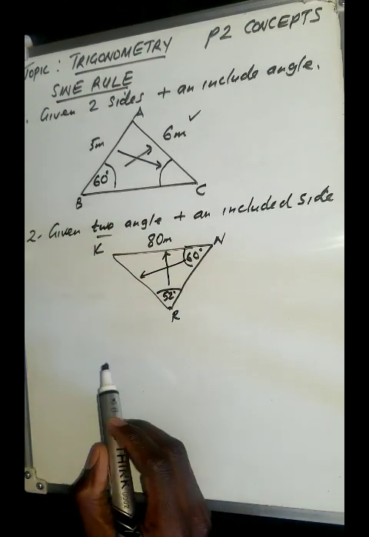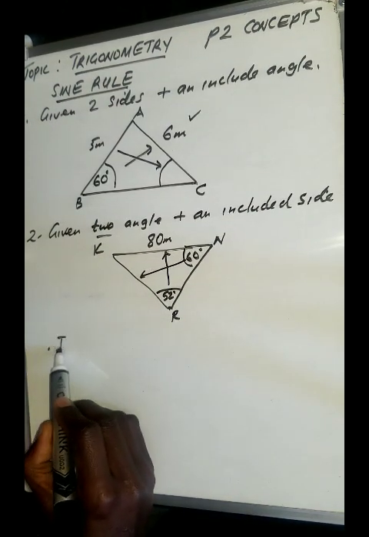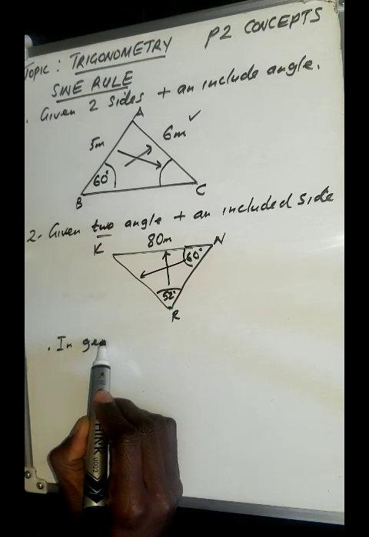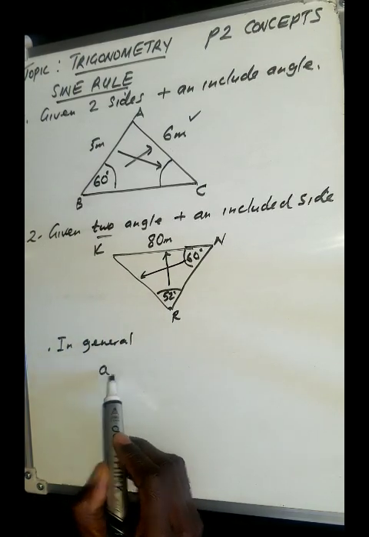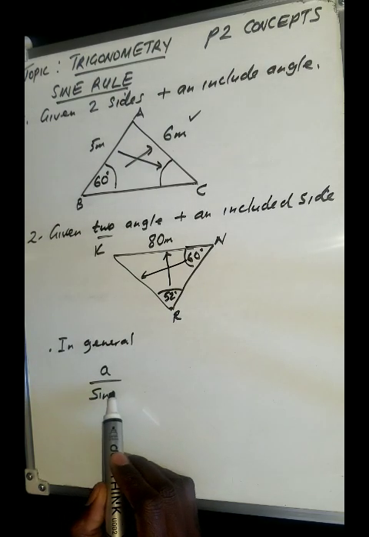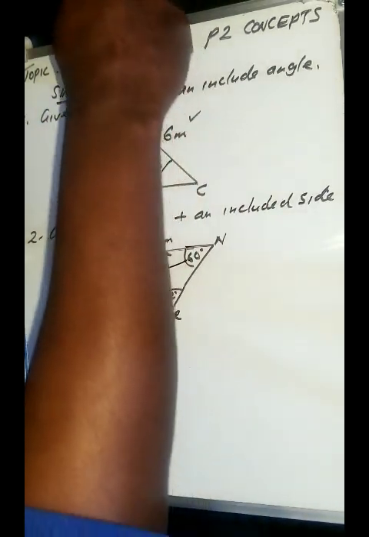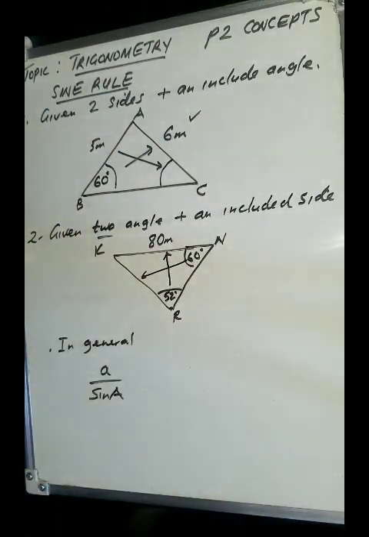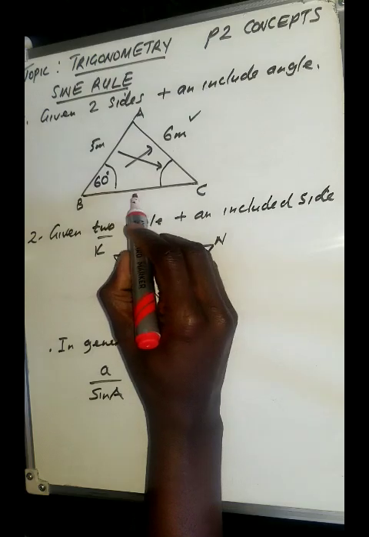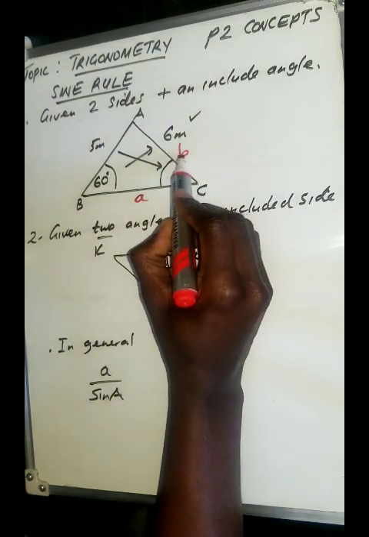So the sine rule basically, in general, says that a over sine of angle A, remember what we said, where this angle A is pointing, that would be your small letter a. Where this angle B is pointing, that will be your small letter b.